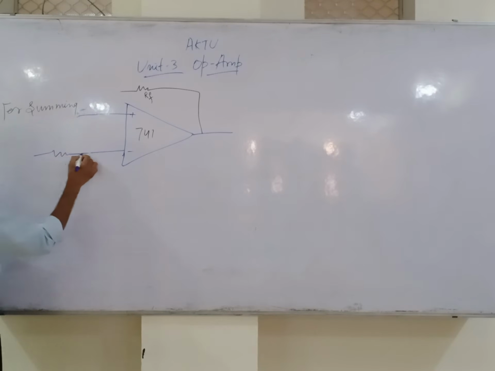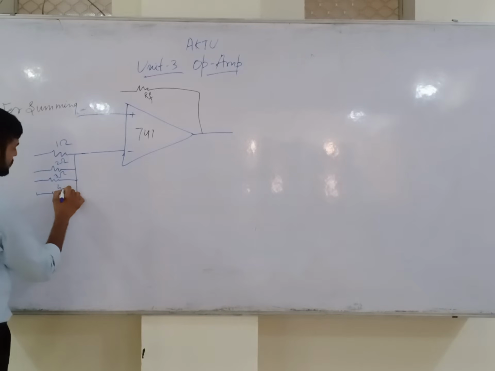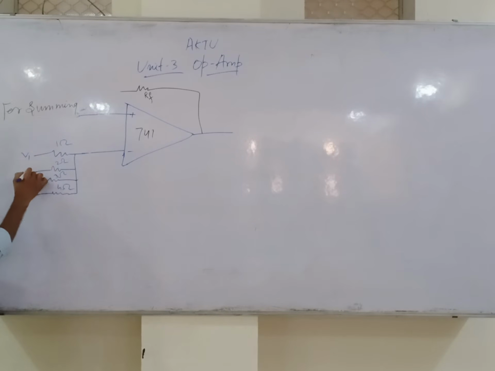These are inputs 1, 2, 3, 4, that is V1, V2, V3, V4. This is a summing amplifier. All the resistances are connected at one point. This is known as summing.